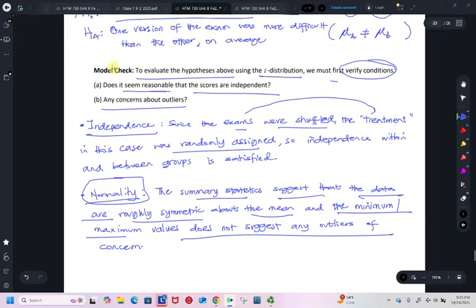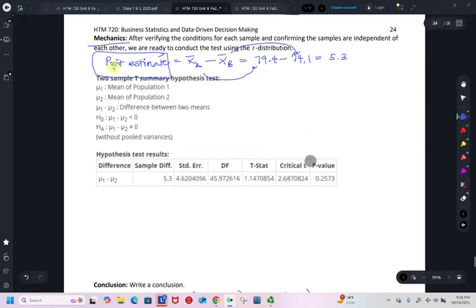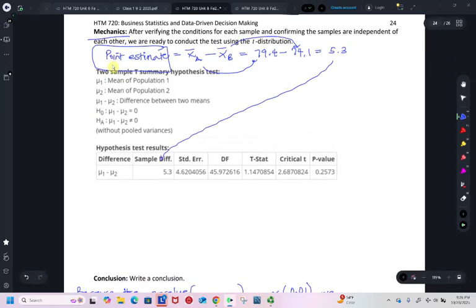So that will be 79.4 minus the second value, which is 74.1, the average score for those who took version B of the exams. And this will be equal to 5.3. Okay, and with that sample difference, we can generate other vital statistics from the two samples using StatCrunch.